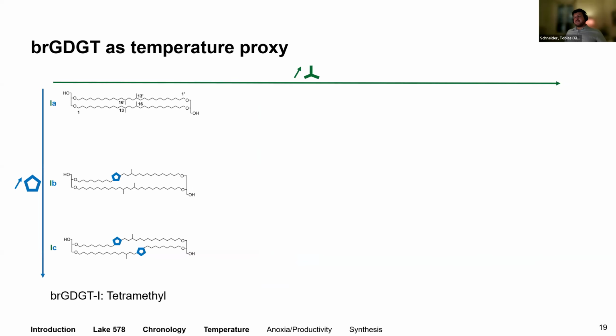And temperature, we measured based on the GDGTs that I've already mentioned, and we used a specific subset of GDGTs, the so-called branched GDGTs, and they're characterized by number of methylations of these little bars here and number of cycles, these cycles here. And that's basically also the notation or denotation. So one refers to the tetramethyl, means that's like 4 of these bars, and ABC to the number of cycles.